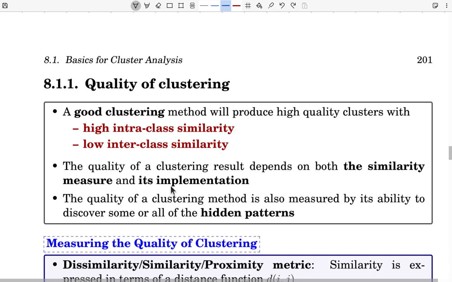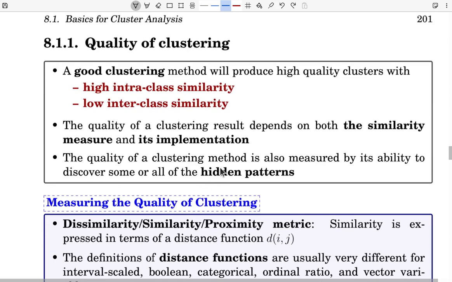Now the quality of a clustering result depends on the similarity measure. That means that in clustering we use a similarity measure, and we also have to realize it through the implementation. So depending on the technique used in implementation, the quality of the clustering result will vary.